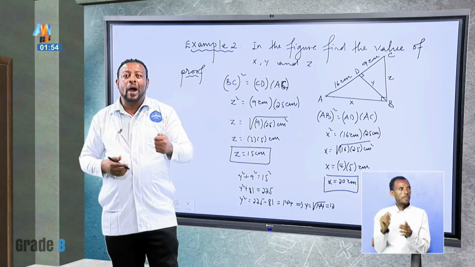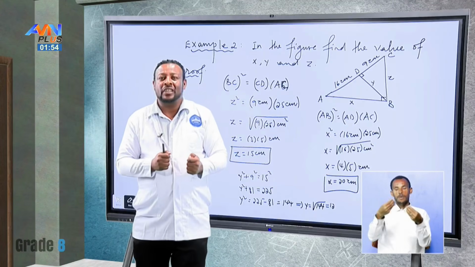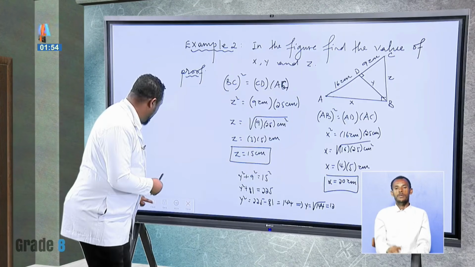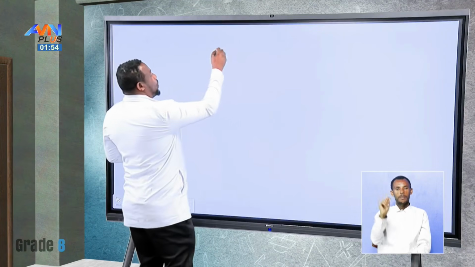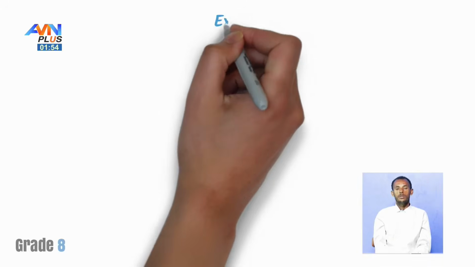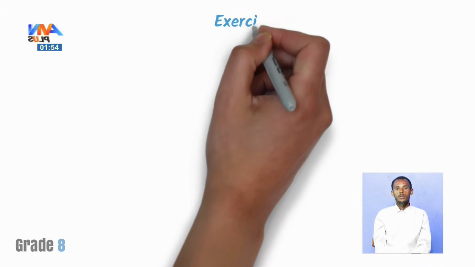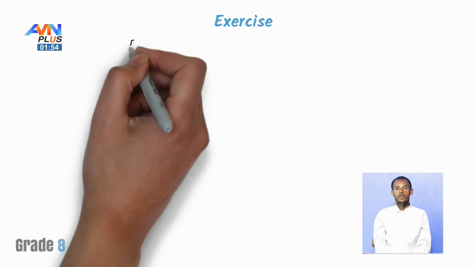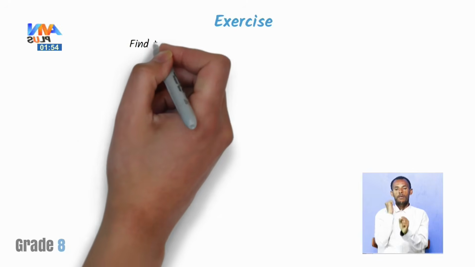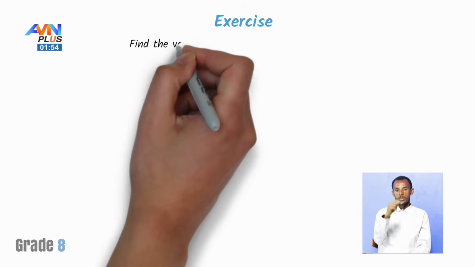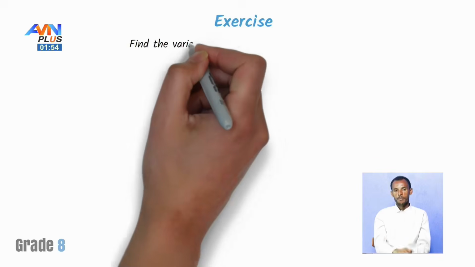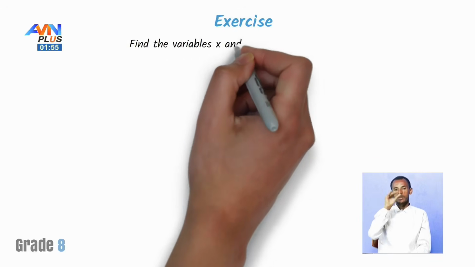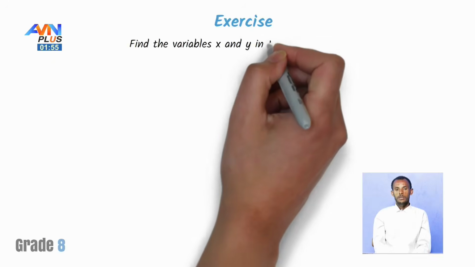So now I will give you one question that requires the concept of Euclid's theorem. Find the variables x and y in the figure below.